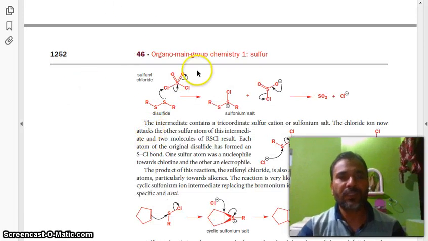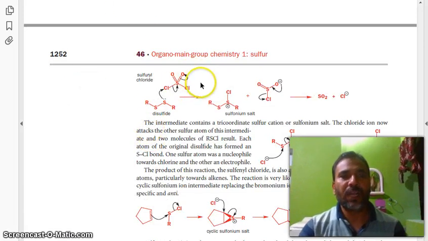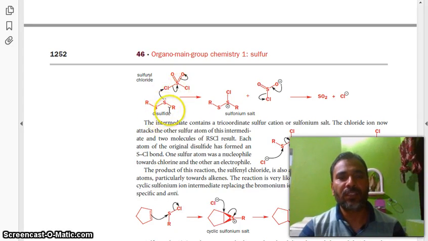Now look at this sulfuryl chloride. You see the sulfone, and now it is attached with chlorine, and here chlorine. We call it sulfuryl chloride. Sulfuryl chloride reacts with disulfide, sulfur single bond.